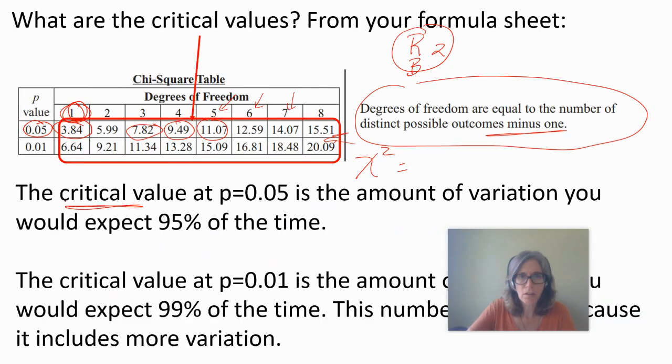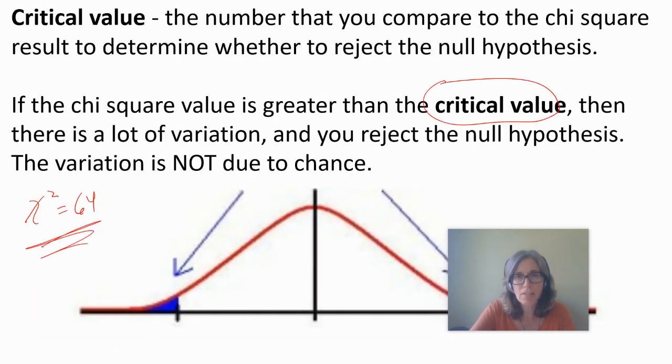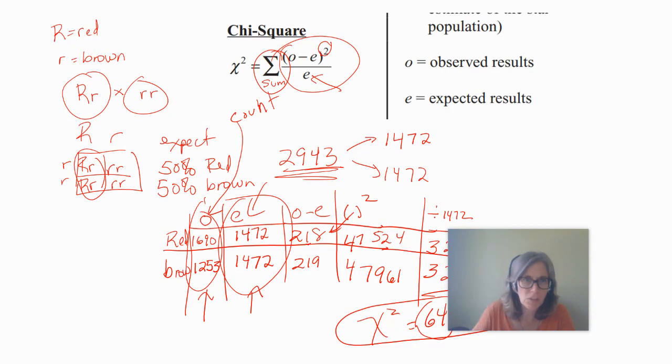So I'm comparing my chi-square value of 64 to this table, and to my critical value of 3.84. My chi-square value is much, much bigger. That means I had way more variation than I would expect if the number of red-eyed fruit flies was equal to the number of brown-eyed fruit flies.